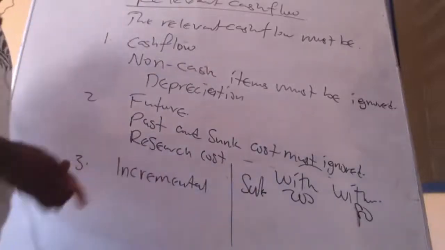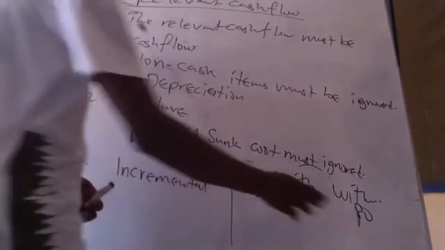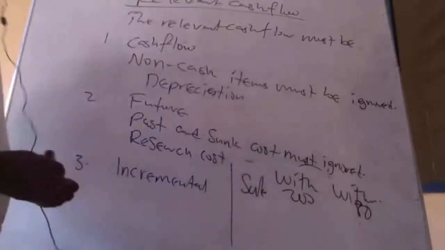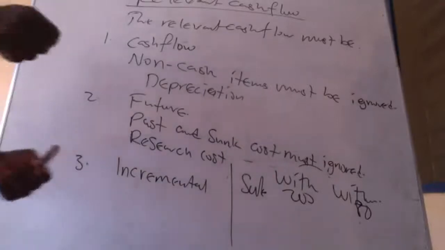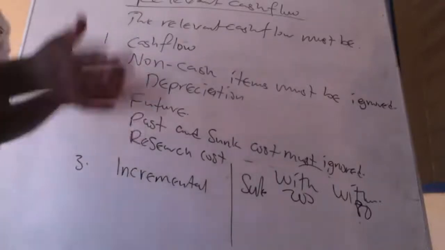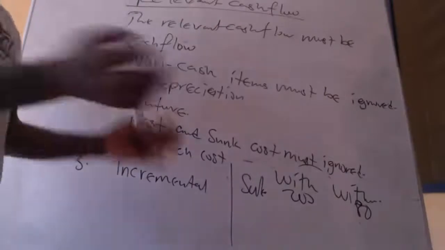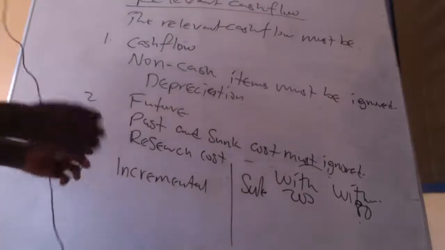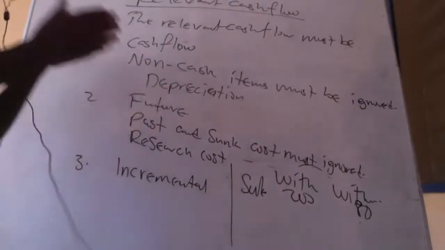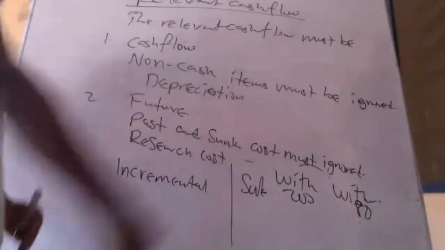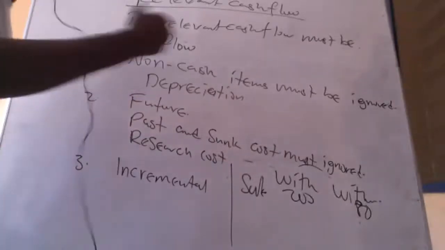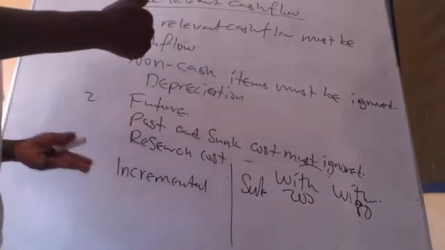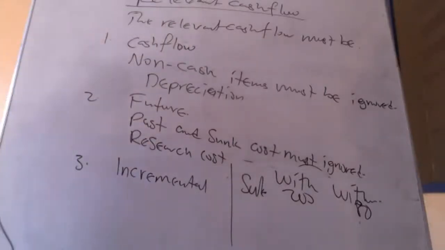Incremental means we should pick items that are solely or directly relating to what? The project. We should not mix other details with that of the project details. Incremental means we have to pick cash flows that are only attributable to that project so that we can value that project well. We shouldn't mix the project details with our company's information.